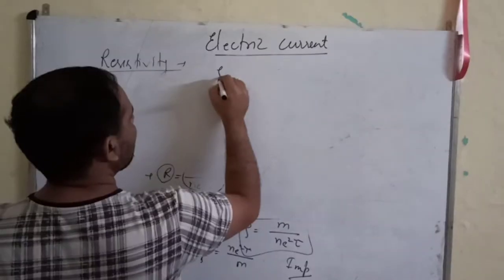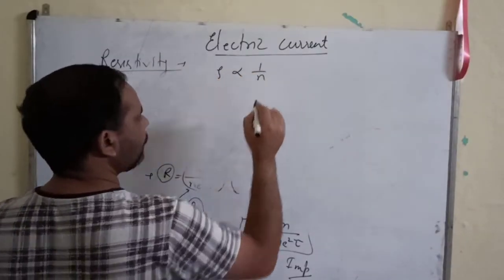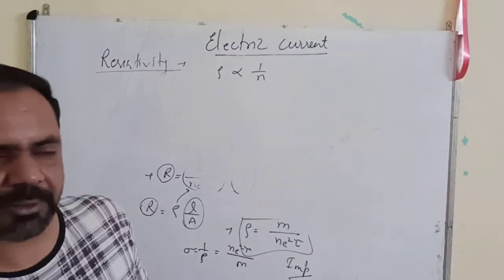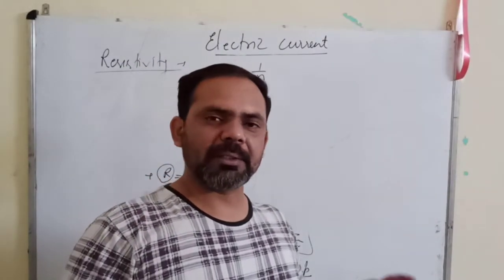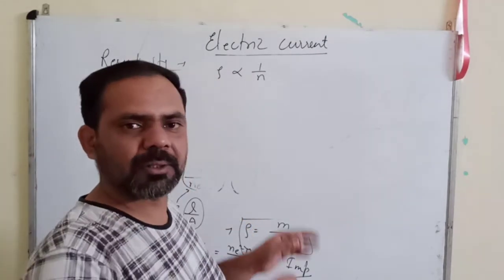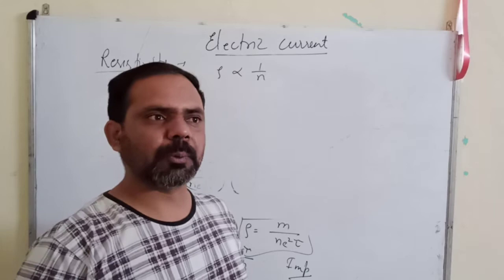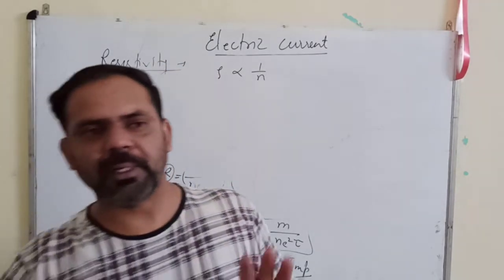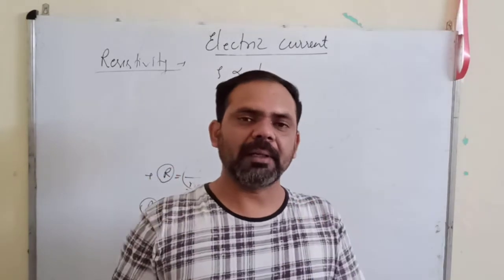So you can see here that rho is inversely proportional to n. Rho is inversely proportional to n means the more the number density of free electrons in the conductor, the less its resistivity will be. That's why conductors have a low resistivity value, because conductors have free electrons.